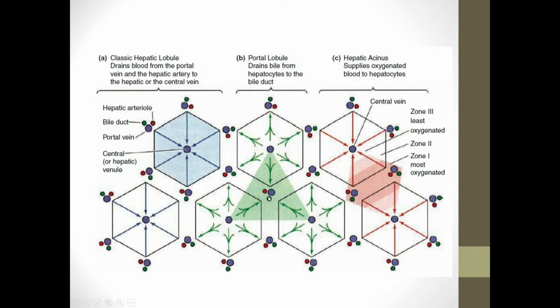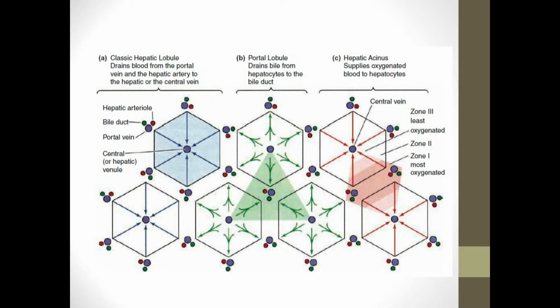And the third one, hepatic acinus. What now about hepatic acinus? What does it mean? You can see two lobules. In the center it's the peripheral zone. These cells, hepatocytes, are part of the hepatocytes, of course.